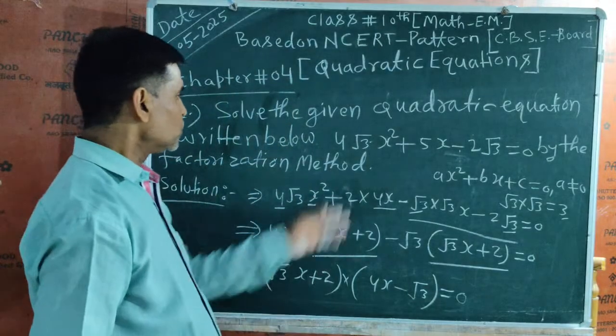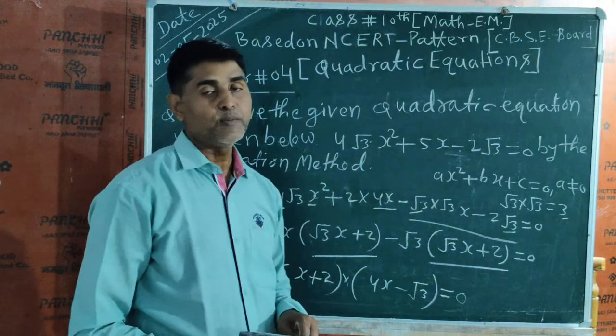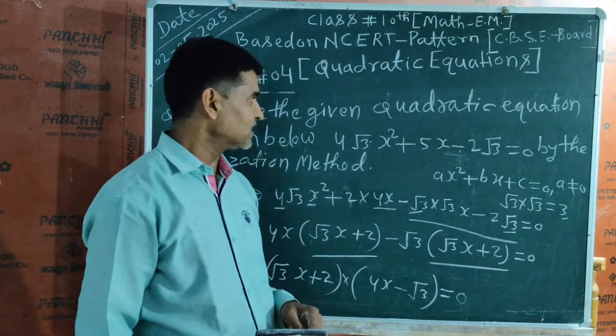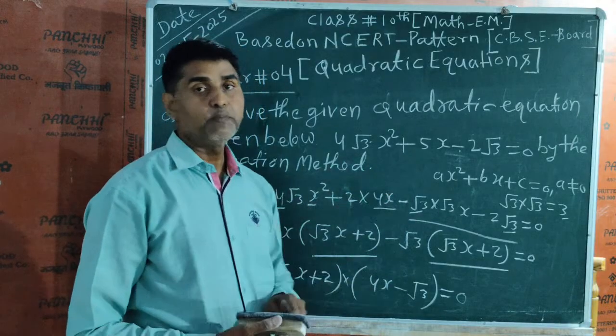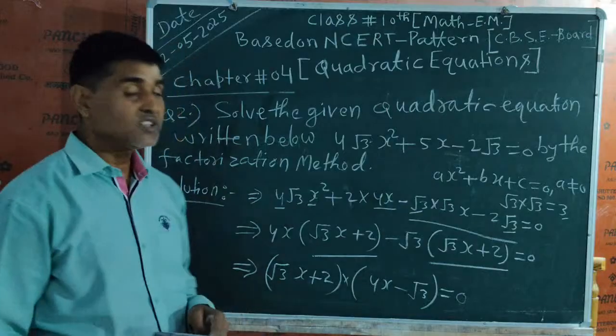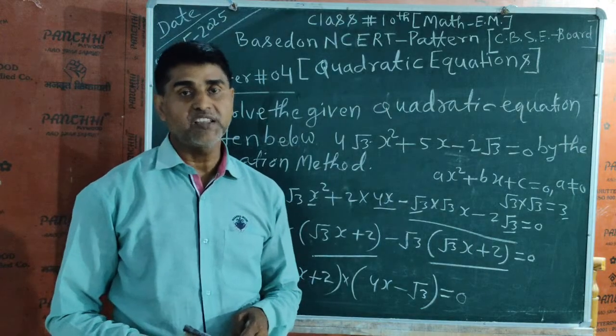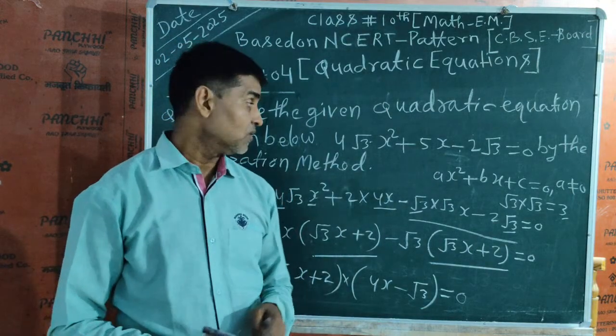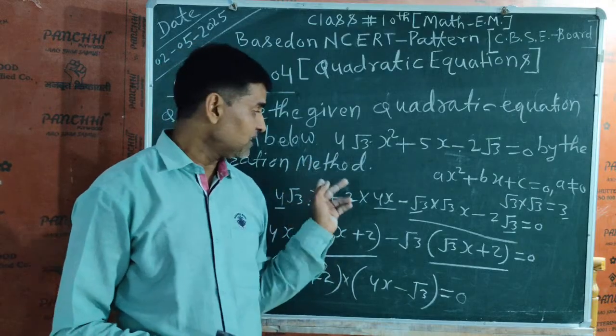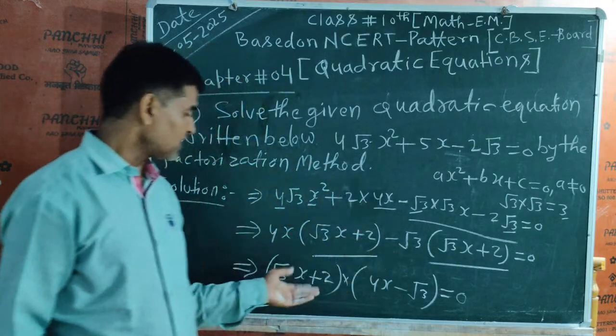Okay, student. So with this quadratic equation I have done factorization, that is, the solution of the quadratic equation by the factorization method. I have used that concept here, and after using it I have got its factors.